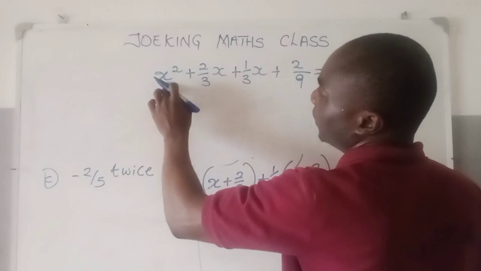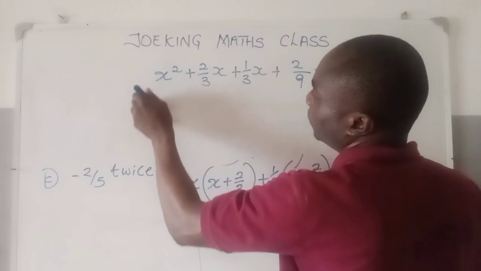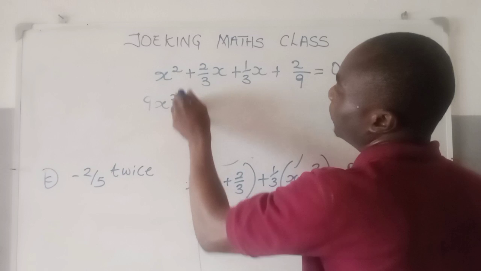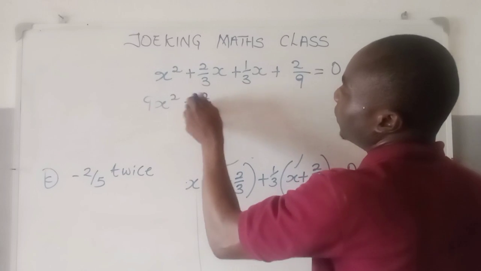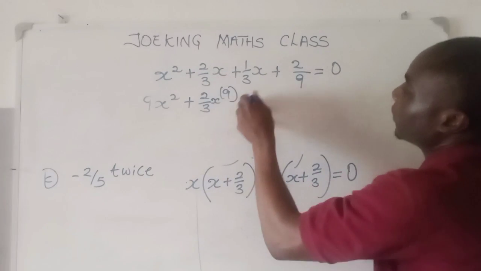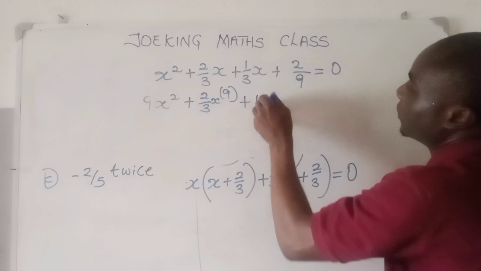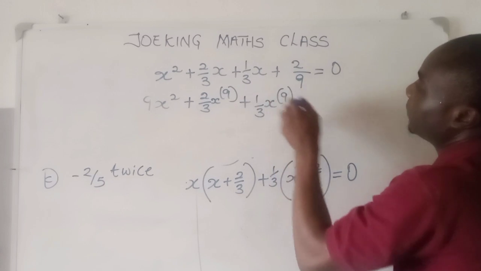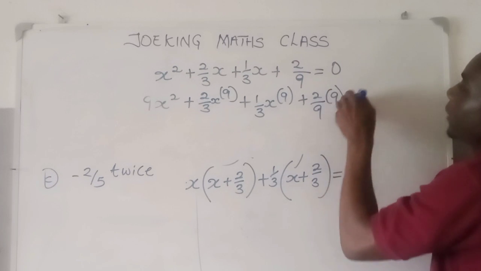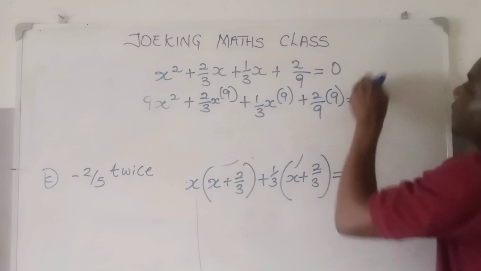So 9 times x squared, I'll have 9x squared, then plus 2 over 3 x multiplied by 9, then plus 1 over 3 x multiplied by 9, then plus 2 over 9 multiplied by 9. And of course, 0 times 9 is still 0.